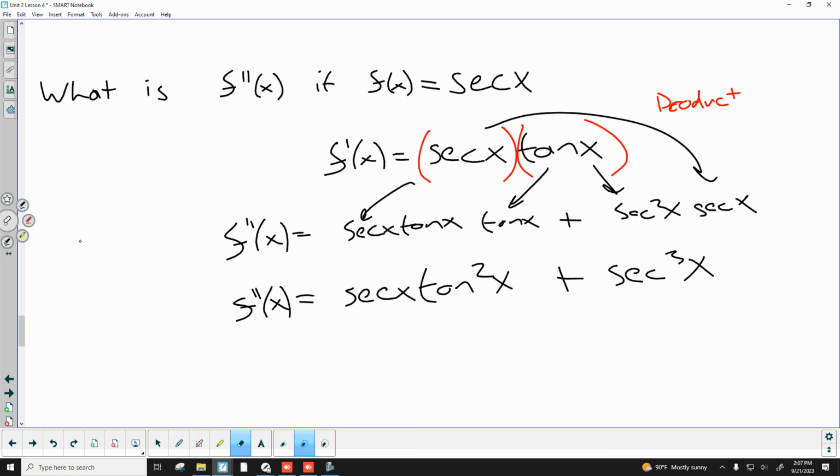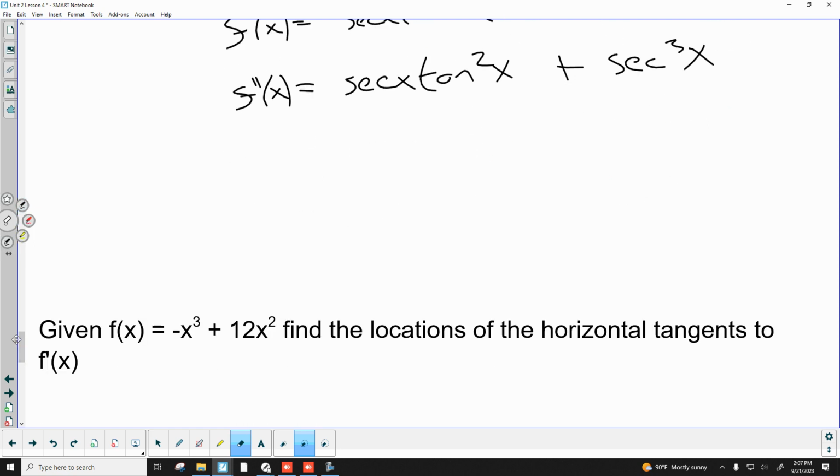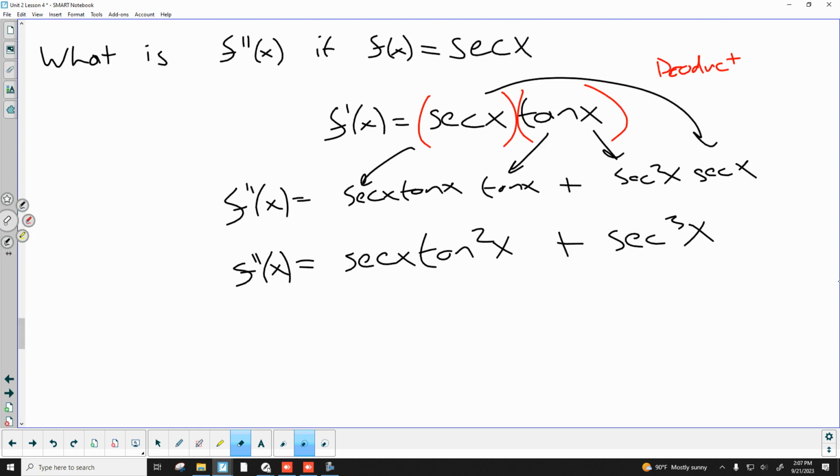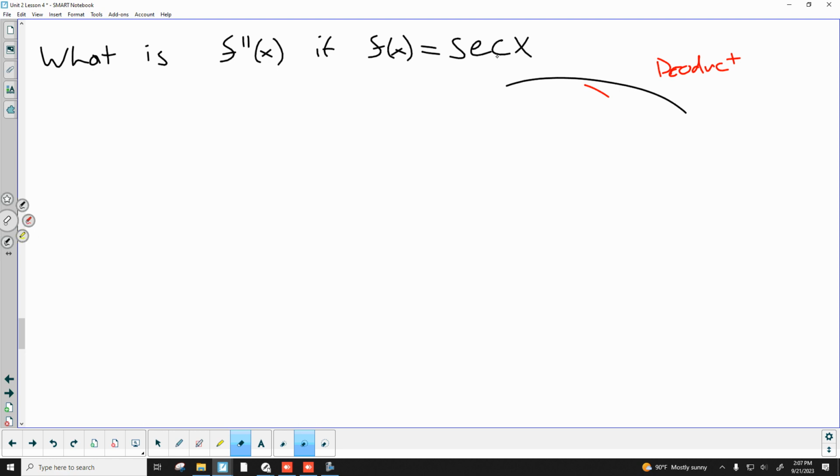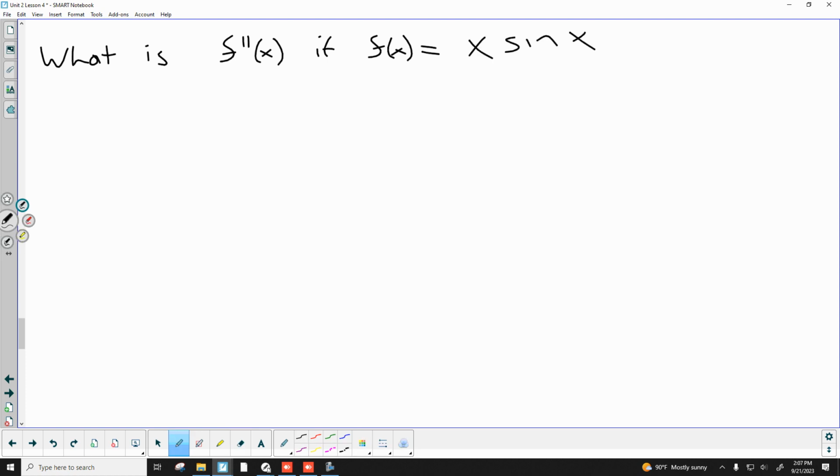All right, you guys got space? Great. Towards the bottom, let's go second derivative of x sine x. X sine x, do this one. I'm giving you this one because it's going to be on your test, okay? Something just like that. What's the second derivative of x sine x? Go for it.